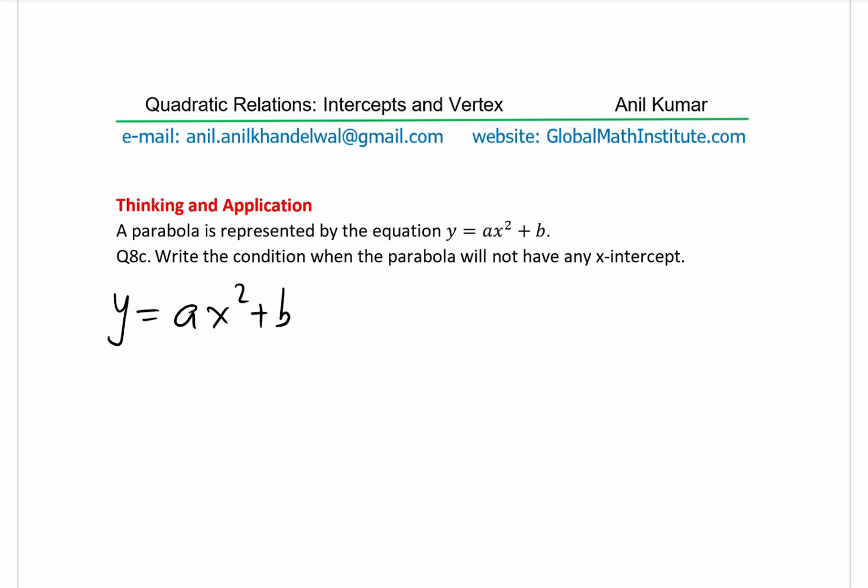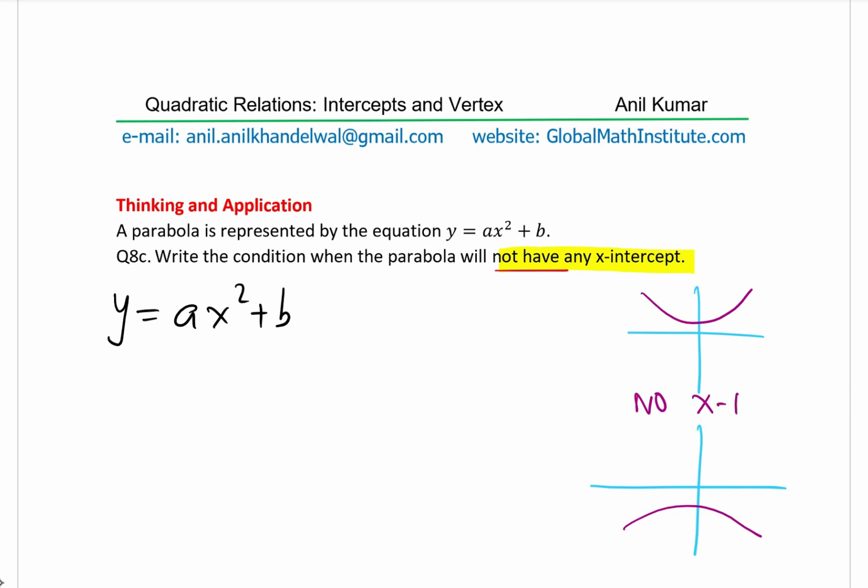Write the condition when the parabola will not have any x-intercept. Remember, it says will not have. No x-intercept means the conditions could be leading to a situation where the parabola is either above the x-axis or is below the x-axis. So in these two cases, we have no x-intercepts.